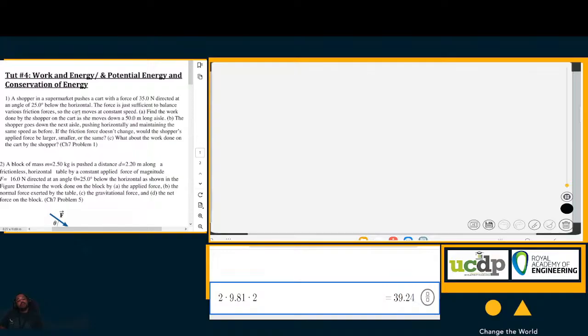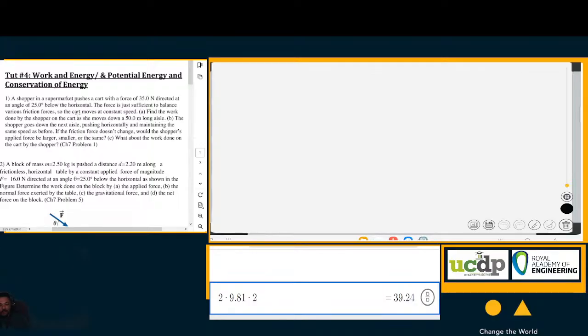A. Find the work done by the shopper on the cart as she moves down a 50-meter long aisle. B. The shopper goes down the next aisle pushing horizontally and maintaining the same speed as before. If the friction force doesn't change, would the shopper's applied force be larger, smaller, or the same? And then C. What about the work done on the cart by the shopper?